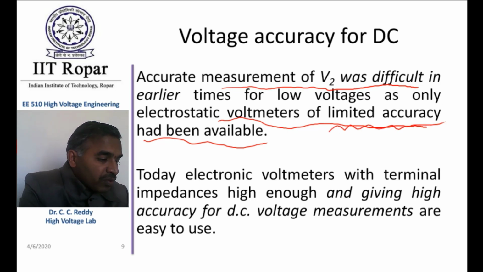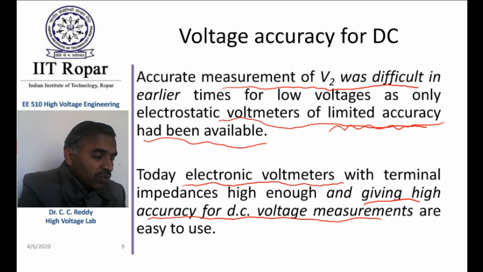But modern electronic voltmeters have high enough internal impedance, are very accurate for DC voltage measurements, and are easy to use also.